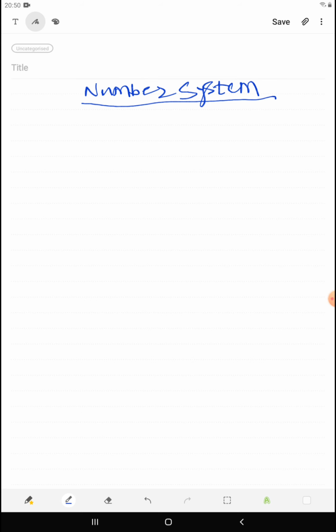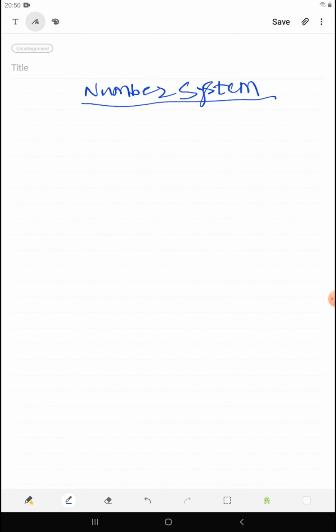Before going to that, this is the place where I need to tell you a little bit about number system. If you know these things, it's good. If you don't know, then please go through it. It's not a harmful thing, and if you know, you can skip it also. But I will suggest you go through this so that it will be a revision for you.